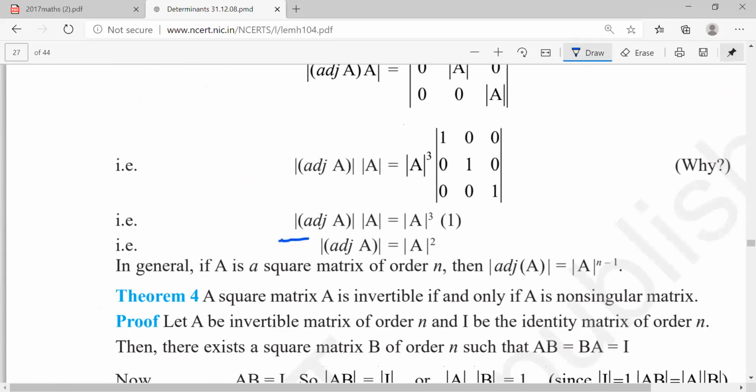Next thing, the determinant of adjoint of A is equal to determinant of A squared. This is important. Please write down this first.